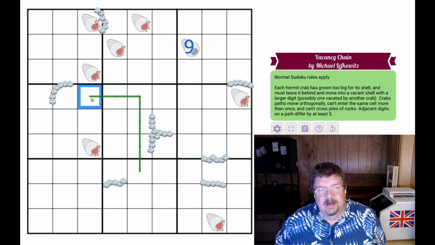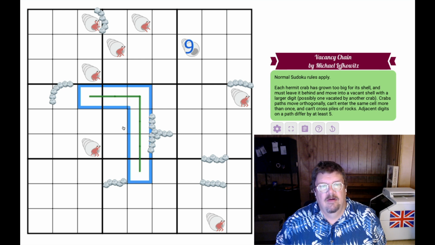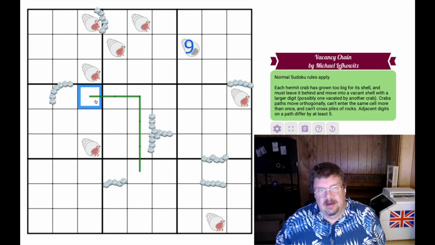But even more importantly, this line is going to be orthogonal only. There's not going to be any diagonal connections. And why is that useful?